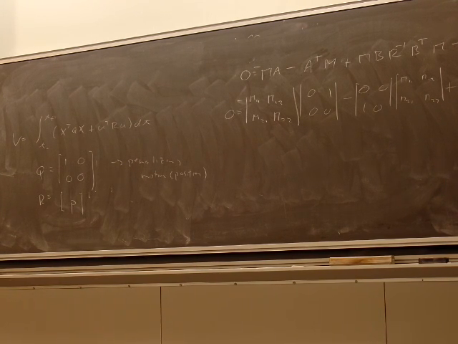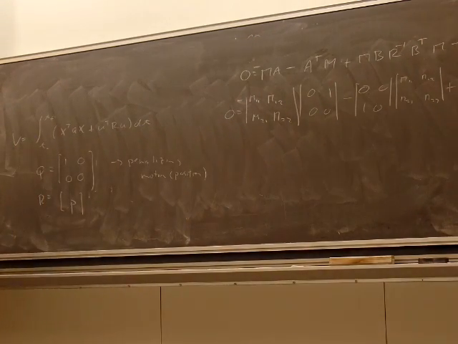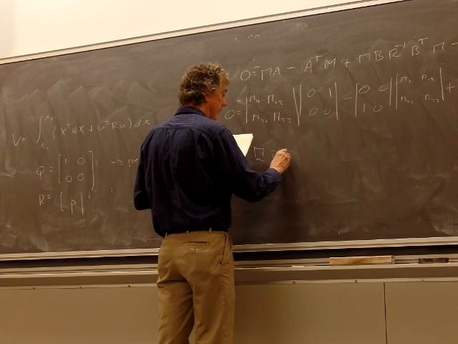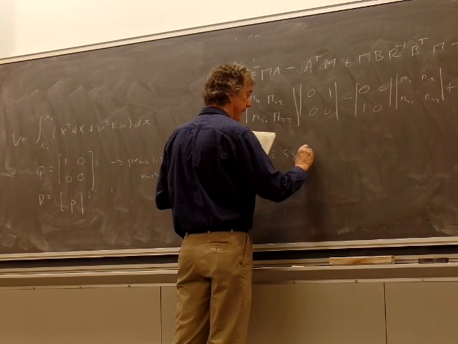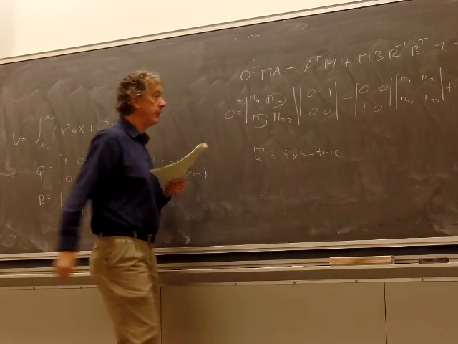Q is 1, 0, 0, 0. All right. Put in equation. So I have 4 things to solve. How many equations do I have? I only have 2 here. Oh, one thing to note about M is it's going to be symmetric. So M12 is equal to M21.